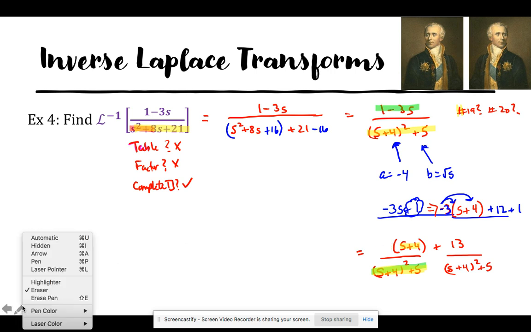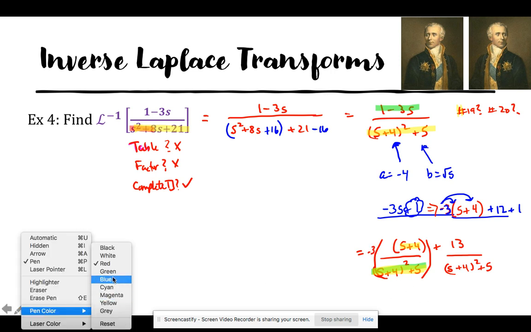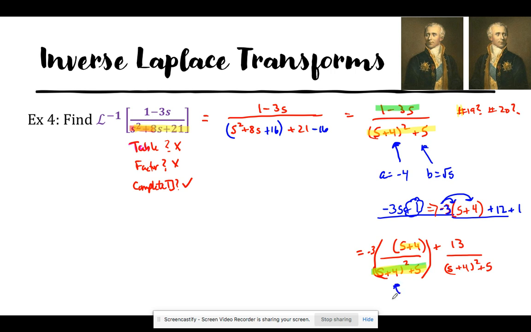It's kind of in my way, right? Who is this? Do you recognize it from your table? A is not 4. What is A? -4. B is √5.